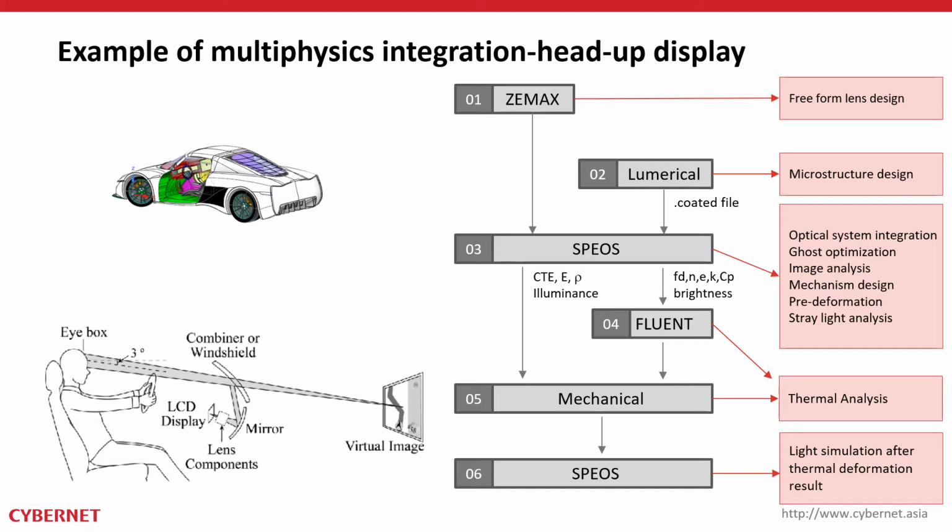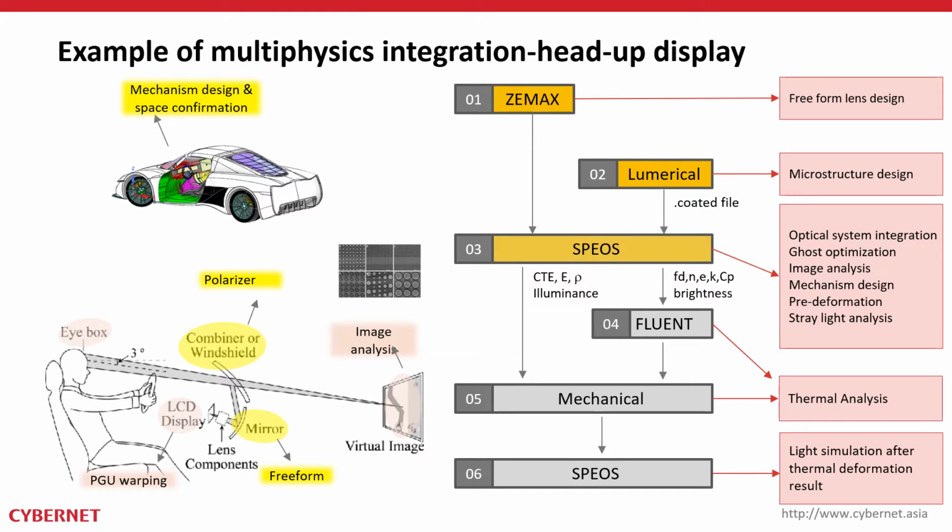Here, I will show how we can apply Ansys multiphysics integration for a car's heads-up display. Firstly, we can design the HUD's mirror by Zemax freeform design. Windshield polarizer concerns will be handled by Lumerical microstructure design.